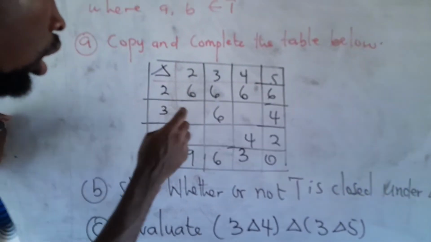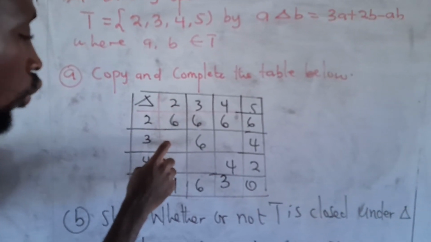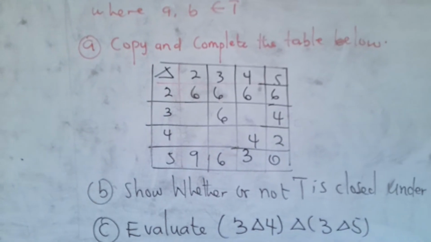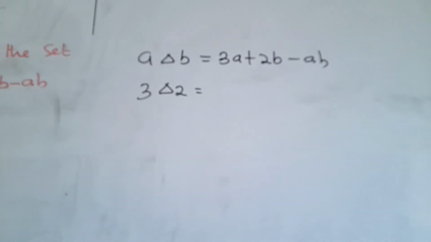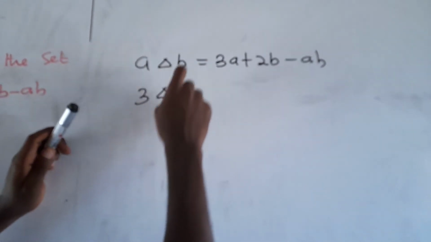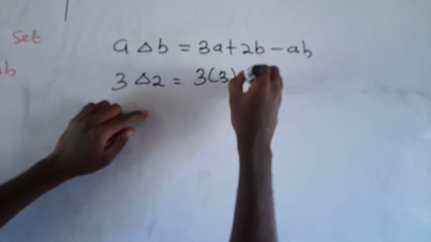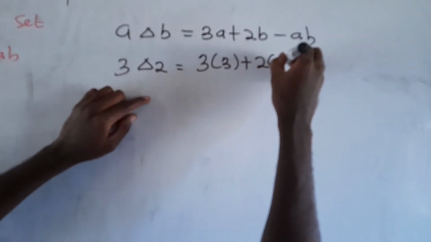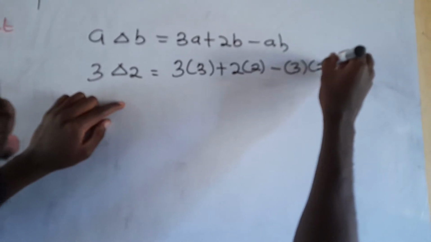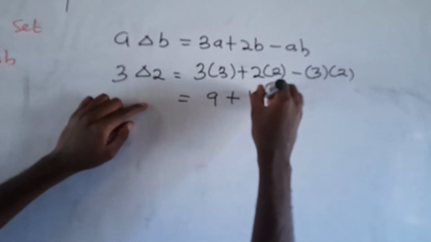Look at it. This place, that's 3 delta 2. So in this place, we will evaluate 3 delta 2. Under the operation, that means any place we see A, we substitute 3 and B, we substitute 2. So I have 3 times 3 plus 2 times 2 minus 3 times 2. 3 times 3 is 9. 2 times 2 is 4.